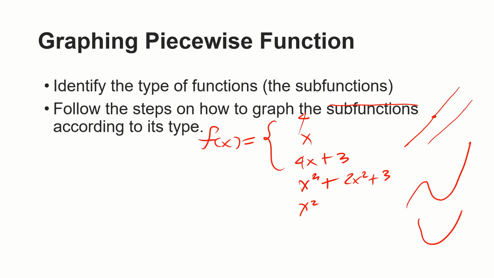So you need to review how to graph. Let's say for example, how do we graph a quadratic? How do we graph a constant function? How do we graph a linear function? So you need to review the process, the steps on how to graph different types of functions.